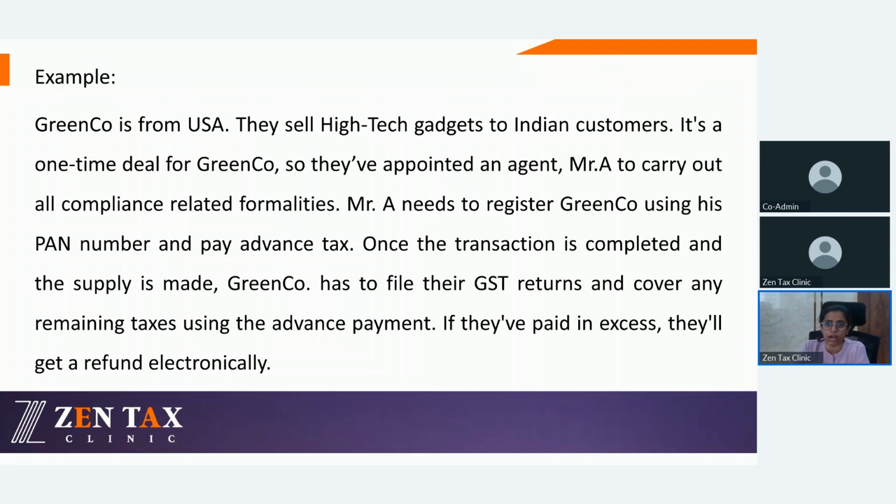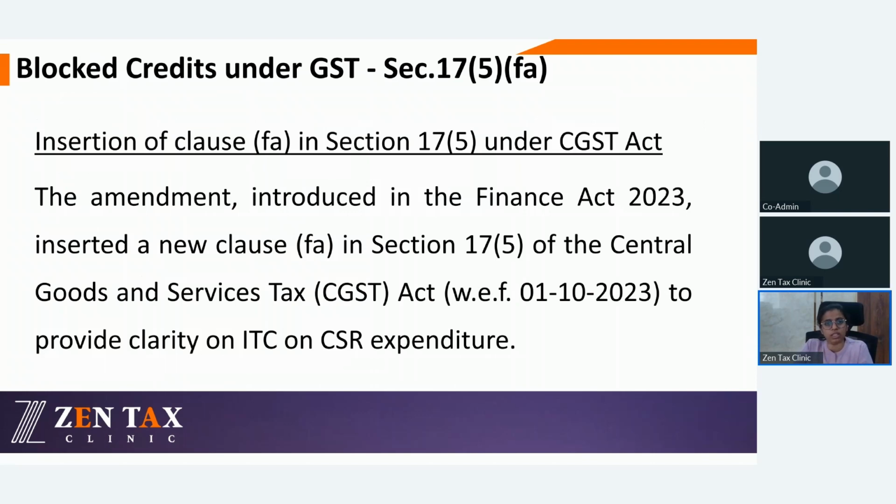Going forward under this F, there was an insertion of a new clause FA. It particularly talks about ITC on CSR expenditure, that is corporate social responsibility expenditure. This comes as an obligation under the Companies Act.